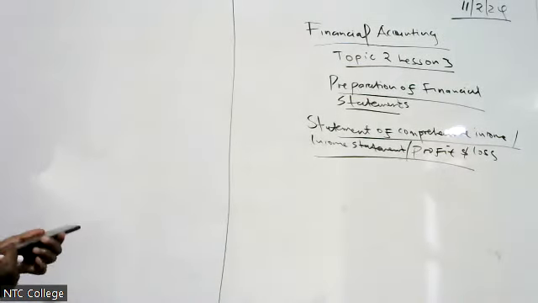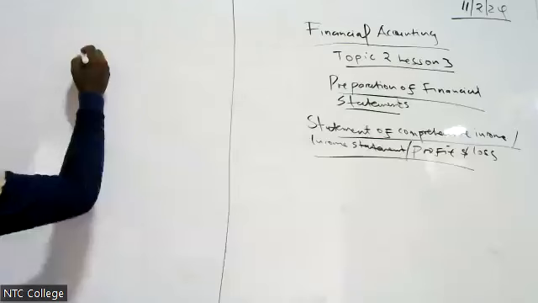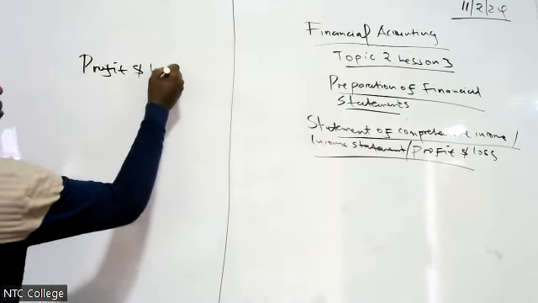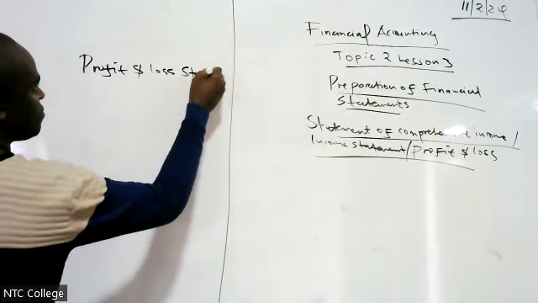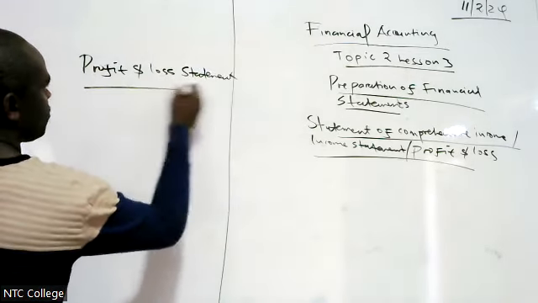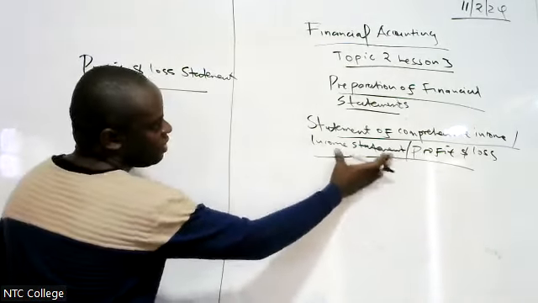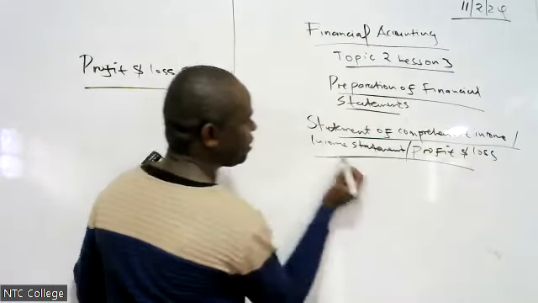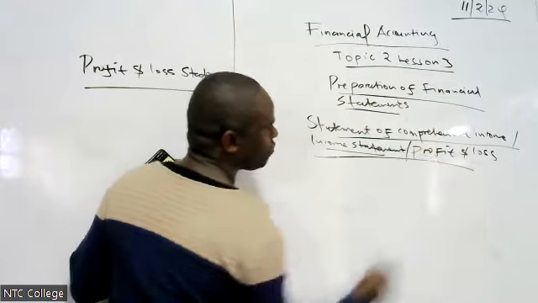So we were looking at the profit and loss statement. We have listed them here: statement of comprehensive income is the same as the income statement, the same as profit and loss.